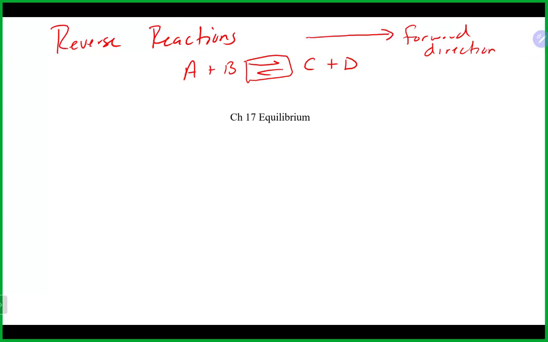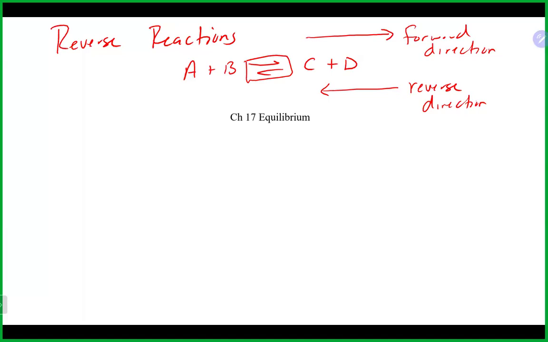And it also has a reverse direction. So what will happen at some point is you will start to build up enough products that the products will start reacting with themselves and start making more reactants and head in the opposite direction. So it's a sort of a two-way street reaction. It could go in both directions.